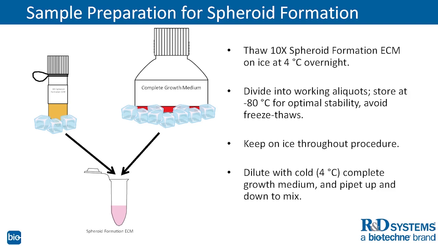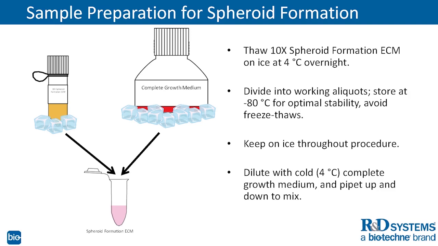So we want to keep them cold. We want to keep them liquid while we're setting up the assay. If they do polymerize, then we will not be able to use them to set up the assay. So it's very important to keep them cold. If we're not going to use all of them in one shot, we can divide the 10x spheroid ECM into working aliquots and store it at minus 80 degrees Celsius.